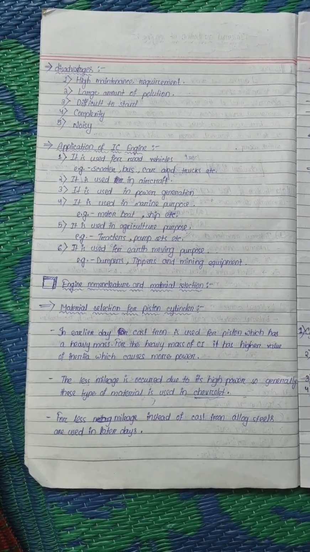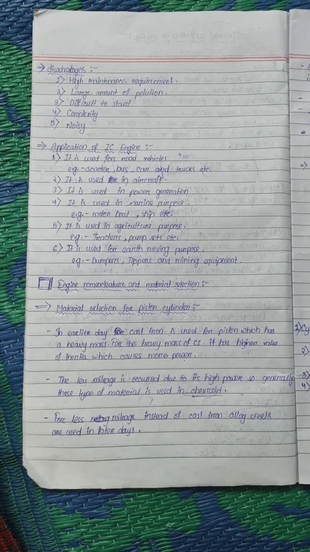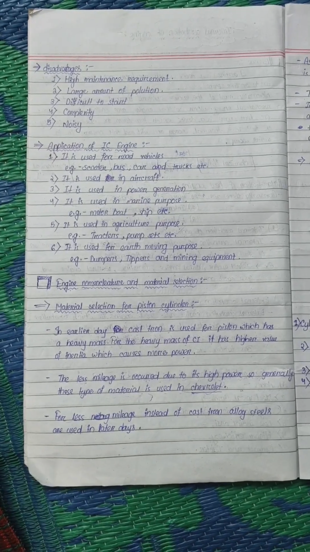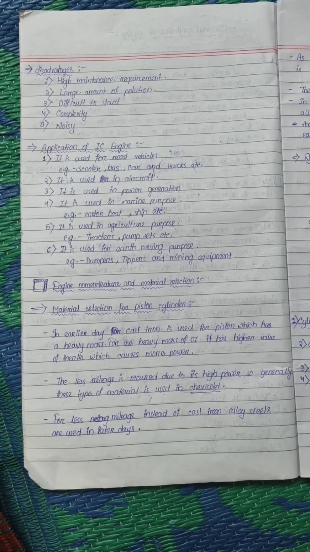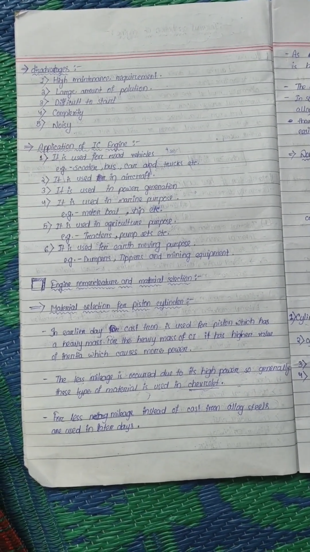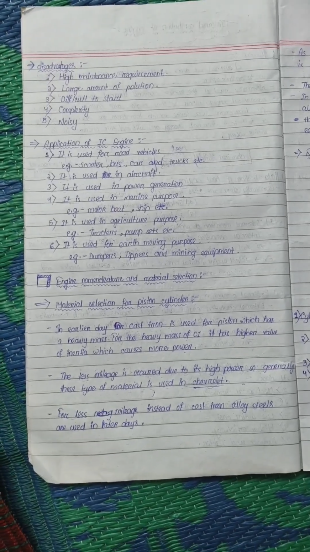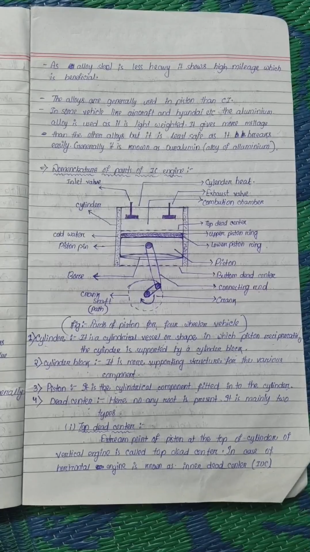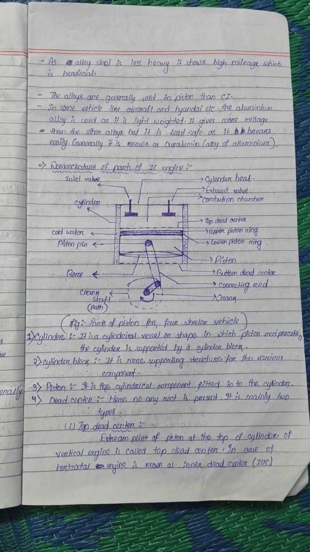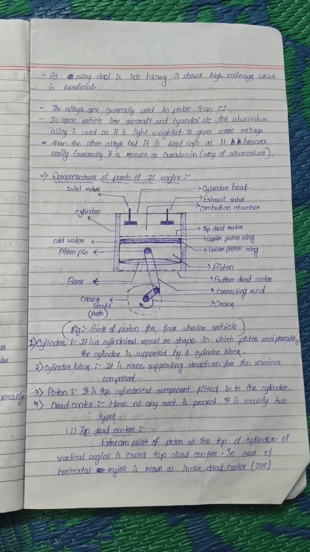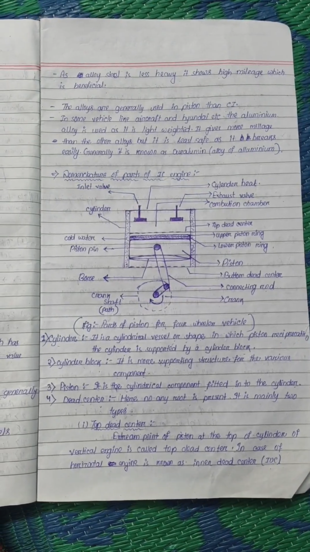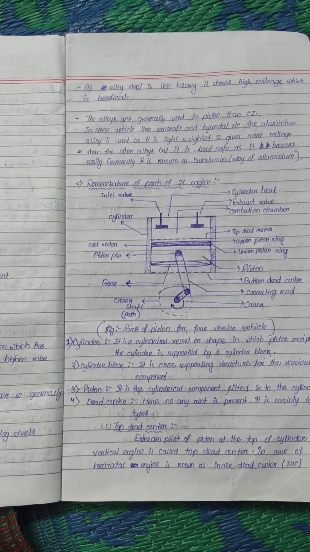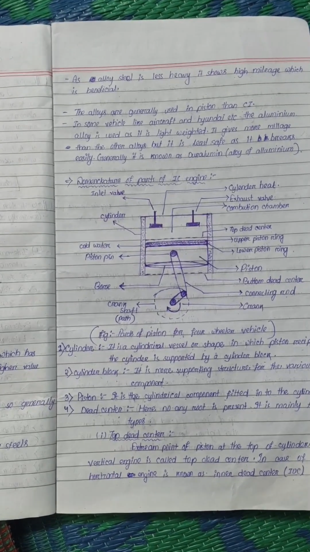So generally, this type of material is used in Chevrolet. For less mileage, instead of cast iron, alloy steels are used in later days. As alloy steel is less heavy, it shows high mileage, which is beneficial and also makes it more compatible for our use.